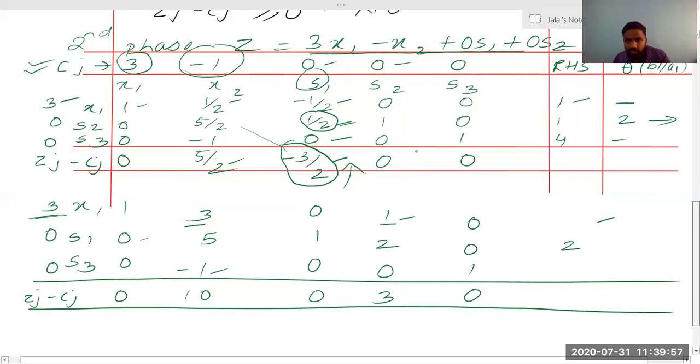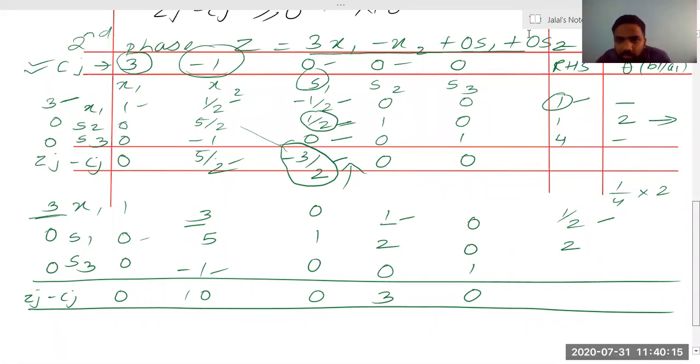Are we doing it correctly? What we are getting is 1 by 2, is it right? What was the answer? Just check if you are getting it right. Just let me know in the chat if I am doing it correctly.